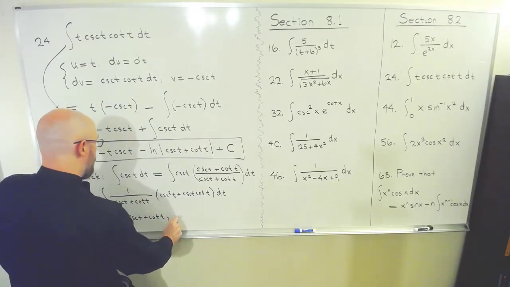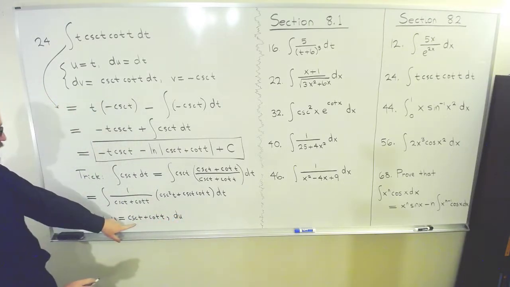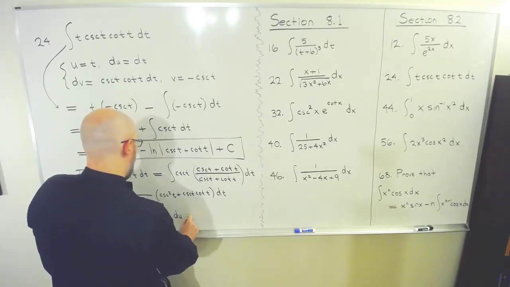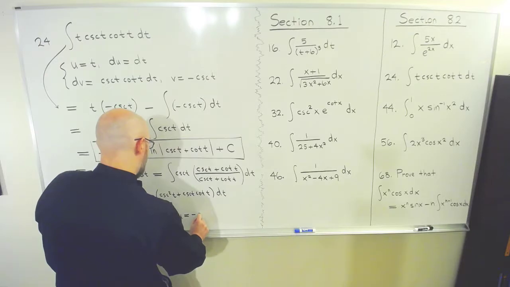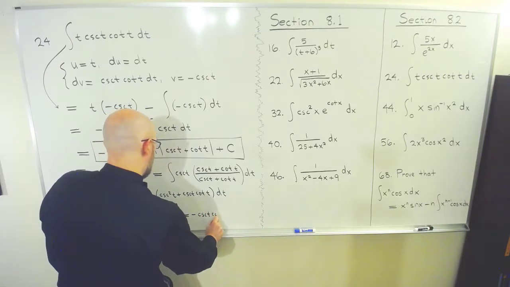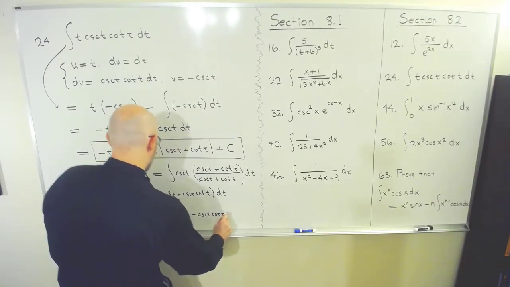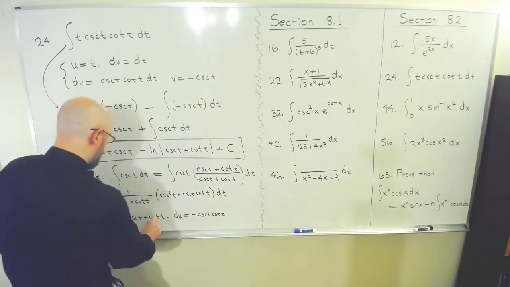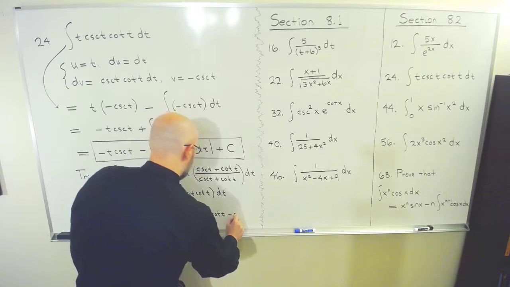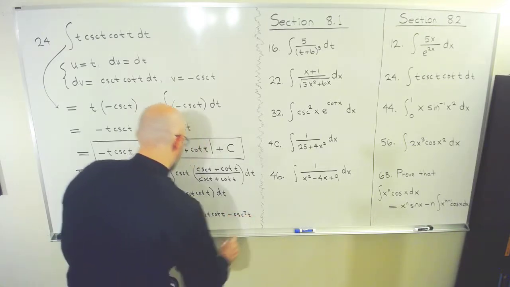And then if that's true, then du, I differentiate these things. I'm going to get du is minus cosecant t cotangent t, that's coming from this term here. And then from this term, I'm going to get a minus cosecant squared t.